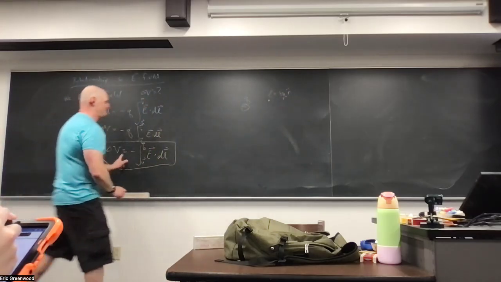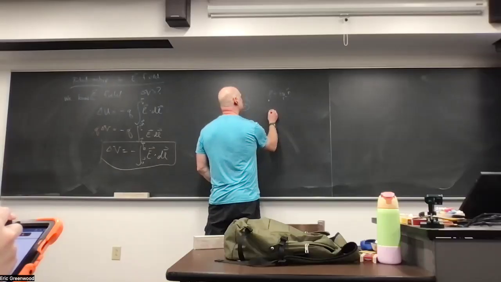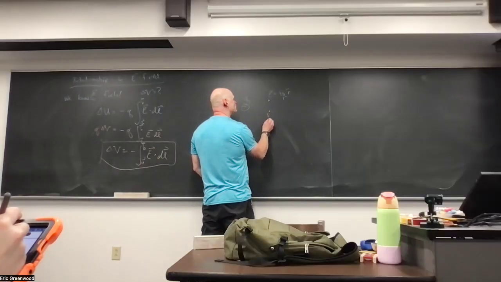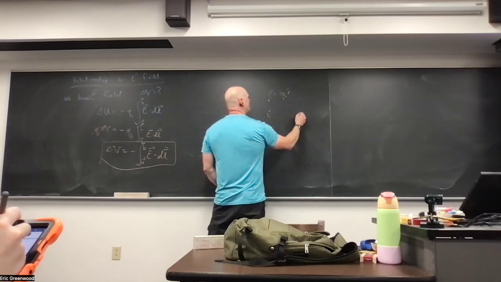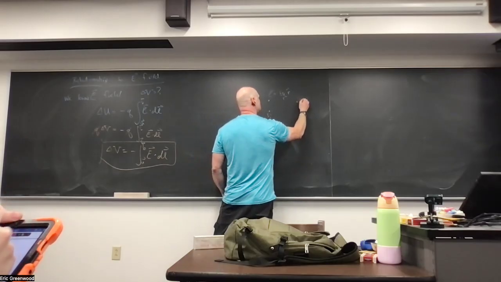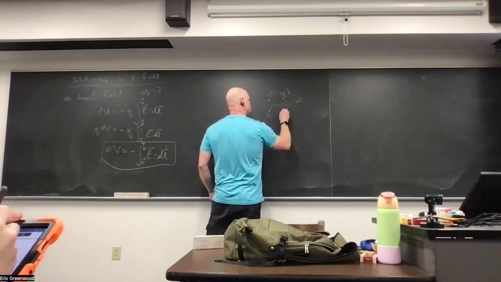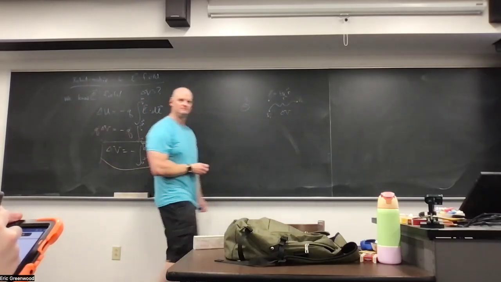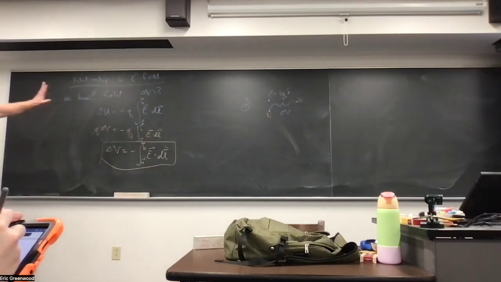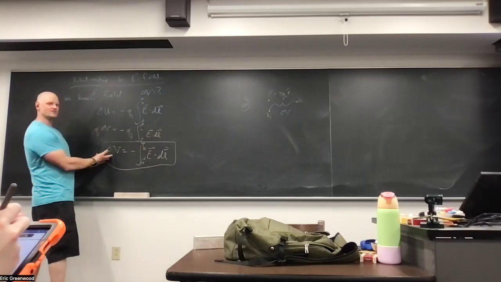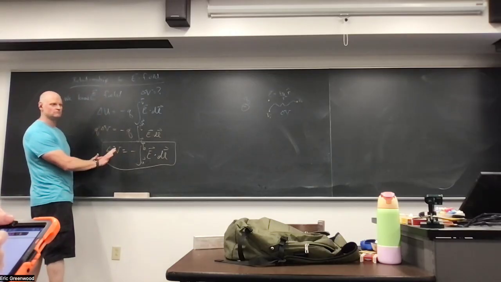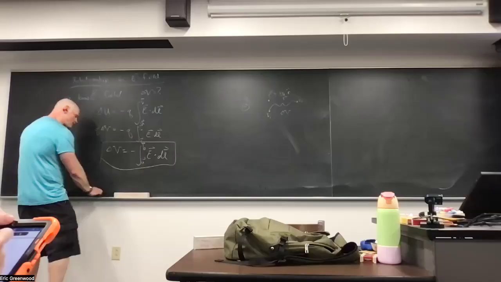But now using this, I can determine, say this is my initial point, let's call that V1, and then some other point over here, V2, I can now calculate the potential difference between the two of these points, delta V, by simply taking that electric field and integrating over it. Something we're going to do in a little bit. So all this says is if I know the electric field, I can now find the potential difference between 2 things. Now let's do the opposite.